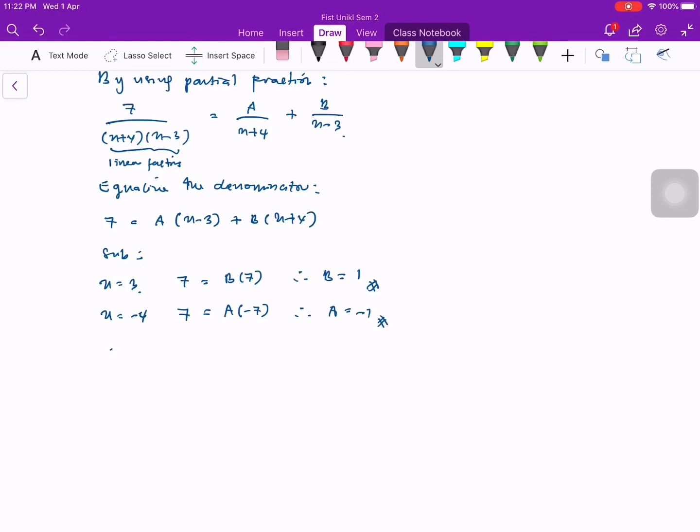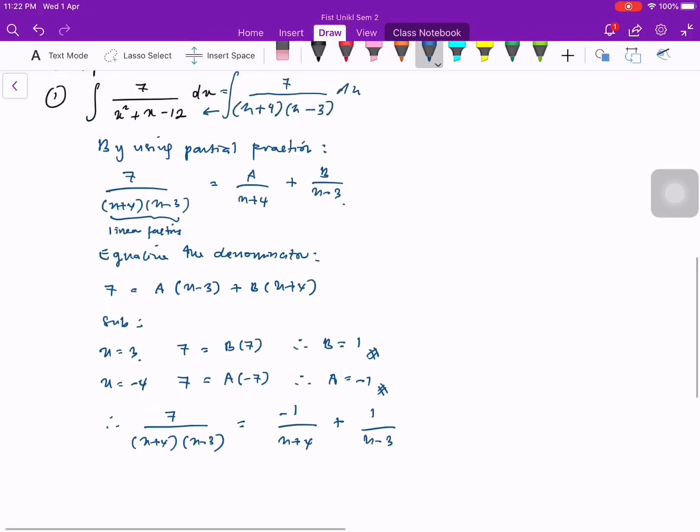Okay, therefore our partial fractions for 7 over (x plus 4)(x minus 3) will be minus 1 over x plus 4 plus 1 over x minus 3.